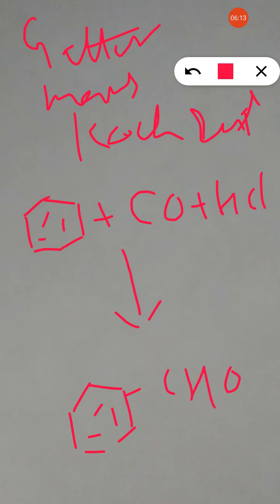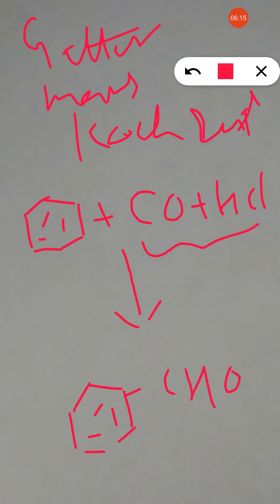Then Gattermann-Koch reaction. What is Gattermann-Koch reaction? In Gattermann-Koch reaction, benzene reacts with carbon monoxide and hydrochloric acid to form benzaldehyde, undergoes rearrangement to CHO, right?